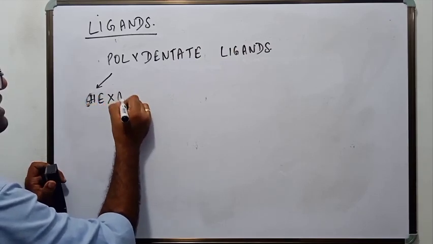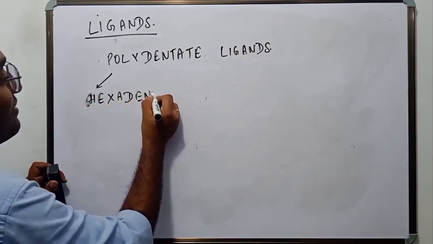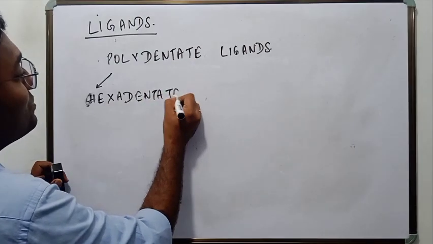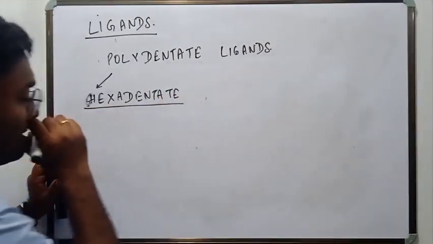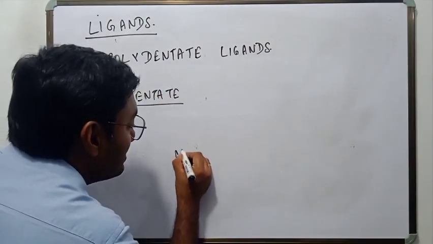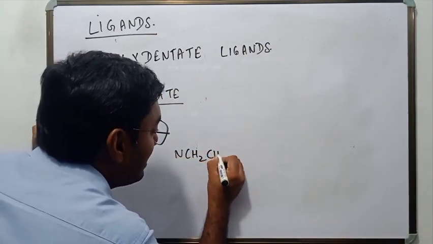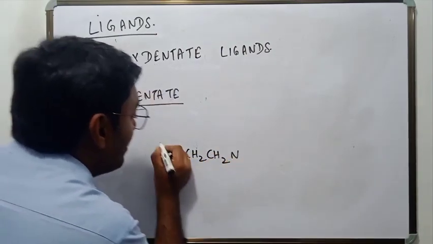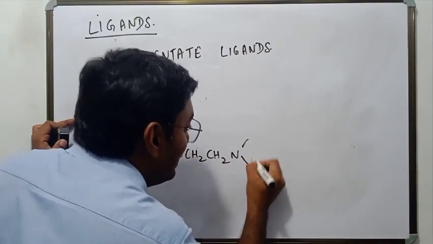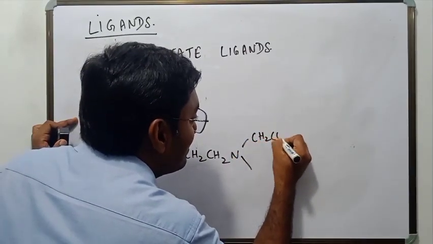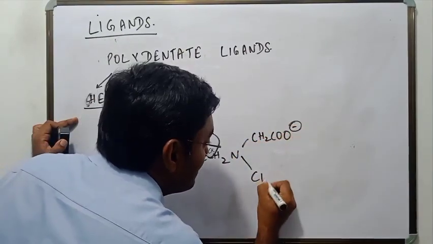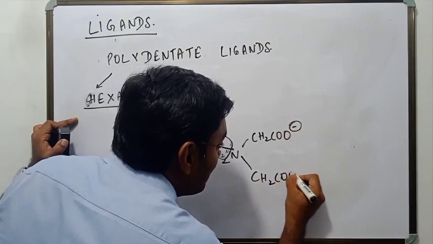Hexadentate. A very popular one which is used in complexometric titrations. That is ethylenediamine tetraacetate, or EDTA. Look at this. This is the structure.